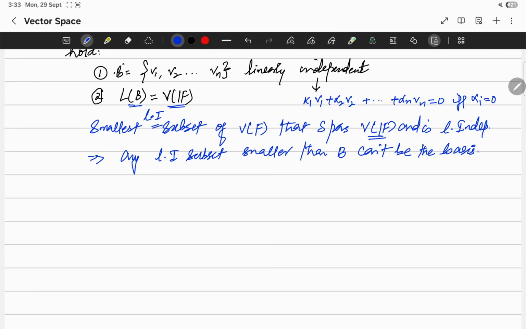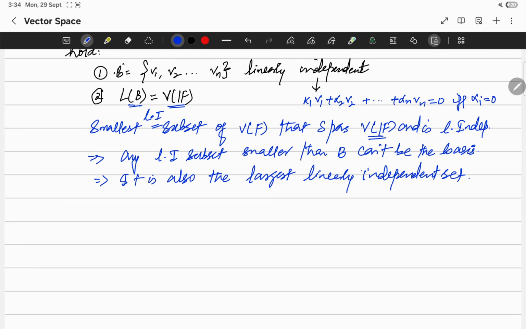It is also the largest linearly independent set. Also you can say it is the smallest set that spans your vector space V over F.